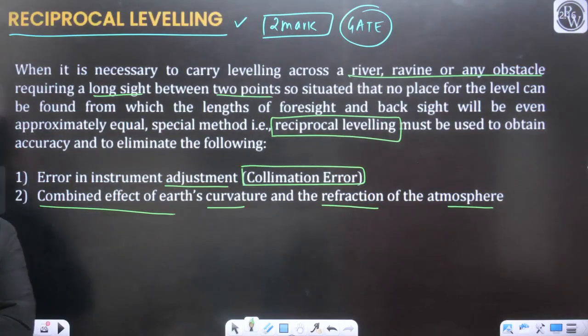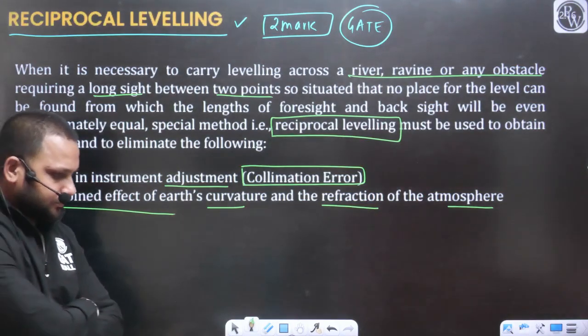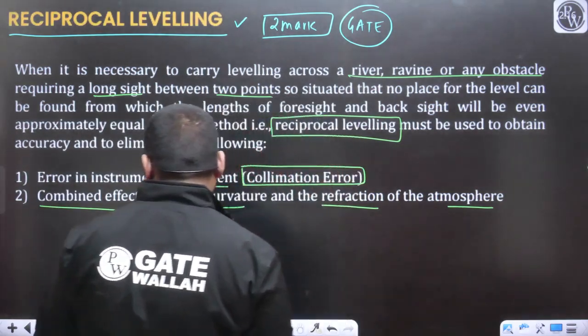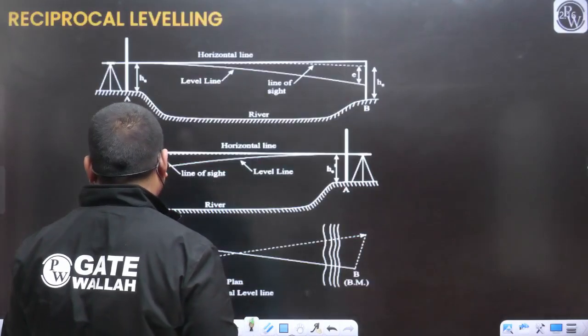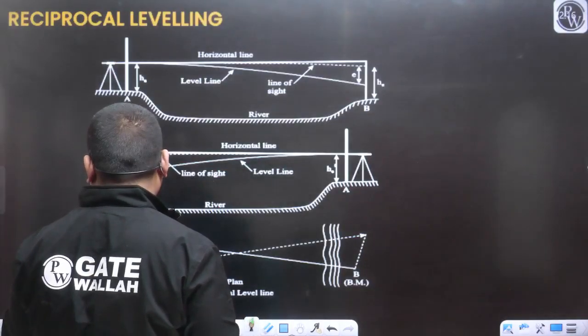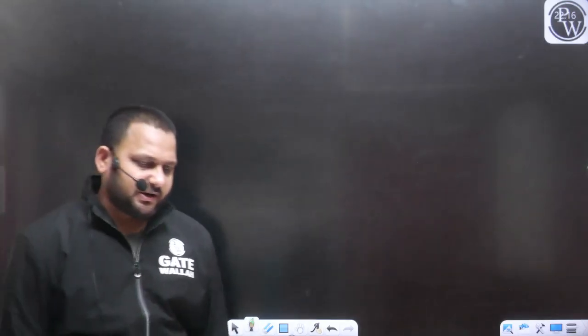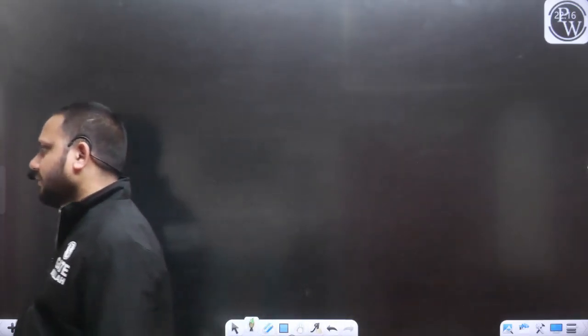The discussion till now is clear to everyone, yes or no? Please confirm in the chat box. So this was the theoretical discussion related to the reciprocal leveling. Till now, if anyone has any doubt at any point, whatever I have discussed, then you can ask your doubt, you can ask your query.